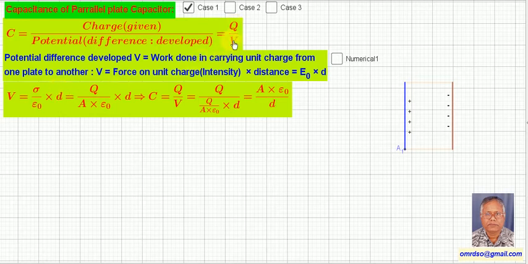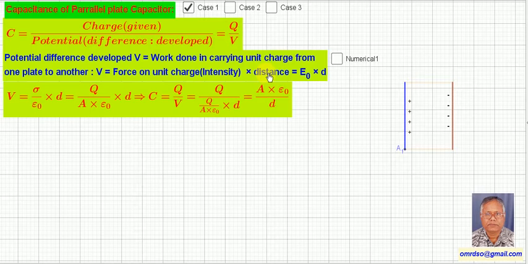difference developed. As you know, the potential difference developed between the plates is nothing but simply the work done in carrying a unit positive charge from one plate to another plate. And as you know, work is what? Force on unit charge, because I am carrying a unit charge from one plate to another plate in between the plates, times the distance between the plates.